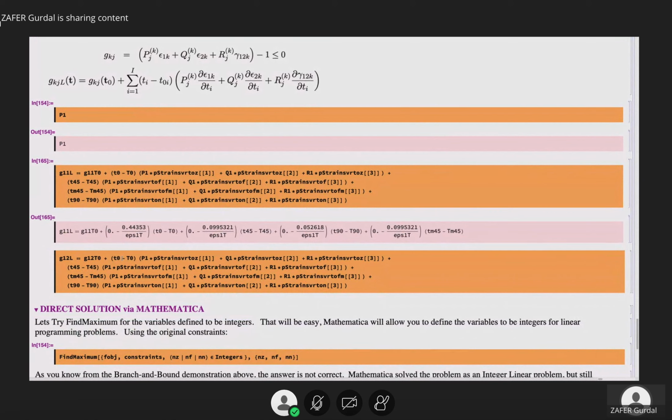Same variable, T0, T, and the only changes, these will become P2, Q2, R2, P2, Q2, R2.